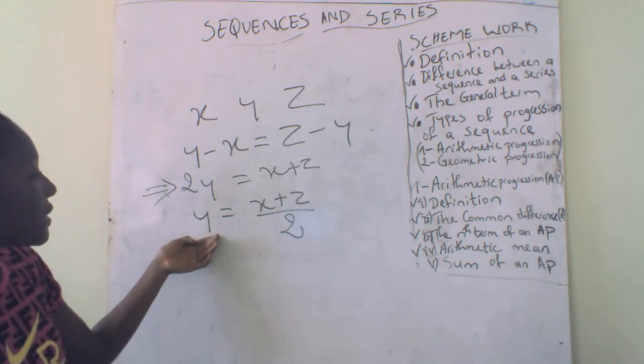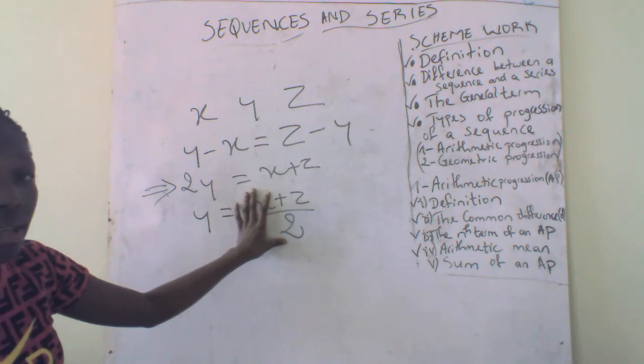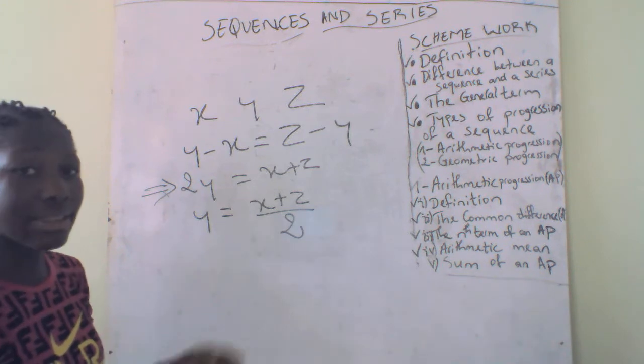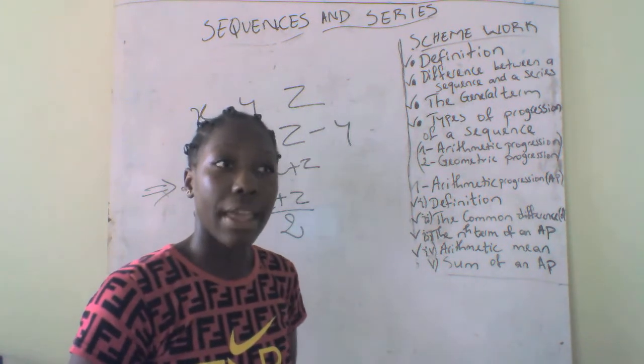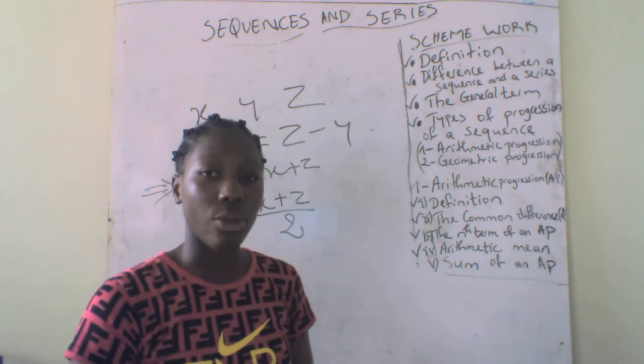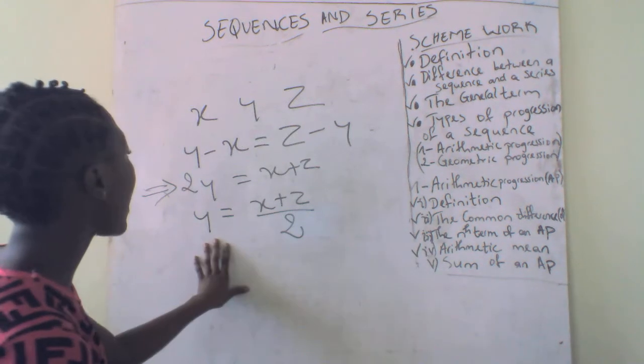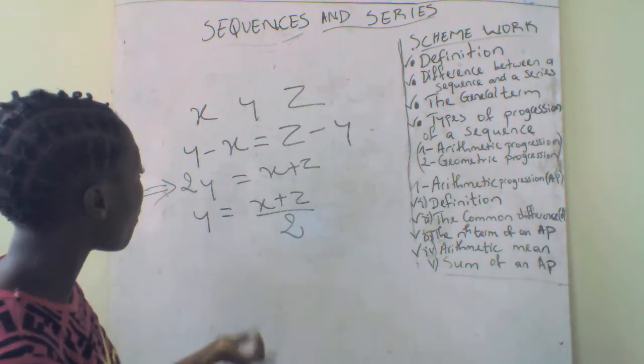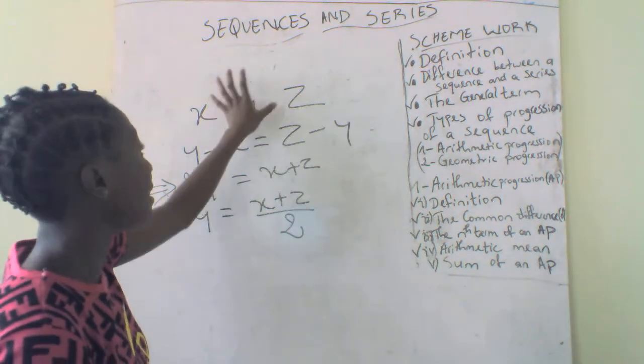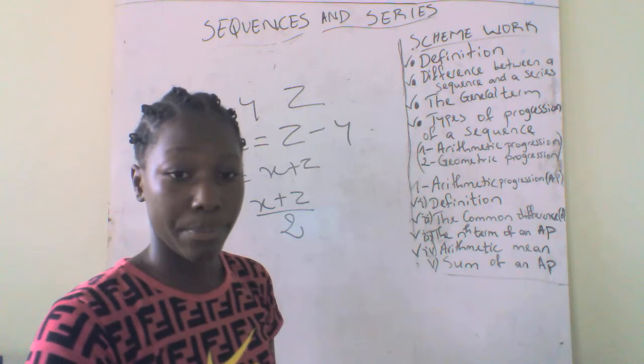Therefore, y is said to be the arithmetic mean of x and z, or the average of x and z. Another name for arithmetic mean is average. So y here is said to be the average of x and z in this sequence.